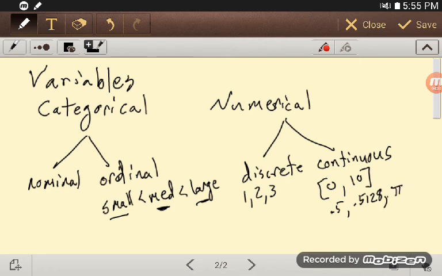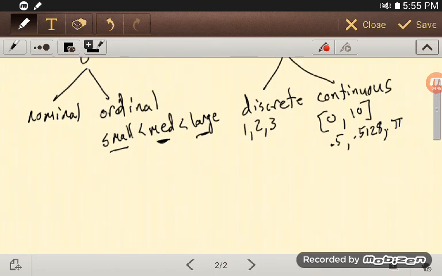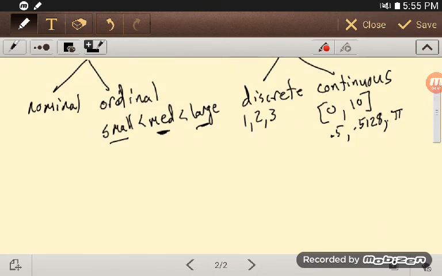Pi is in there. So these are continuous things that would have intervals, and we're going to start with the categorical variables. We're going to look at things like counting.